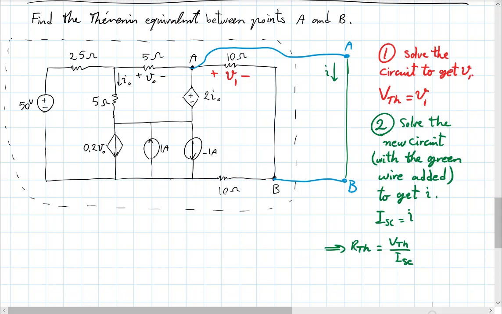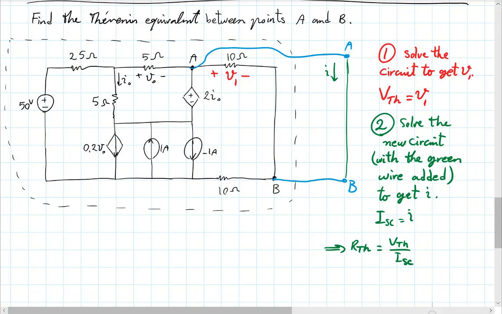If you wanted to use superposition, that would make no difference in the approach to finding a Thevenin equivalent. But when you want to do step 1, let's say, to find VTH, you can use superposition, namely solve the circuit for one source at a time, like we discussed last time, and then sum the results up, including their signs, and then that would give you your VTH.